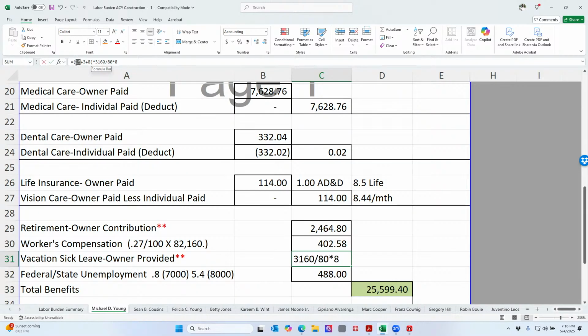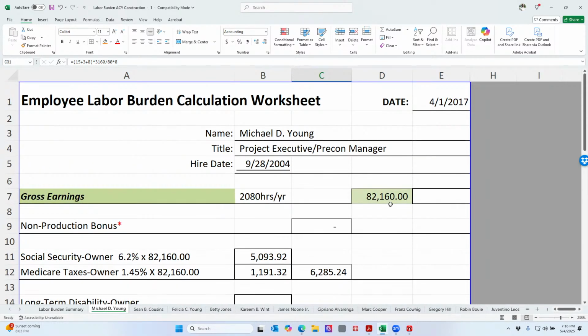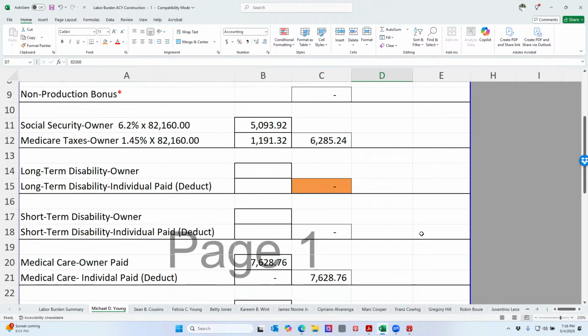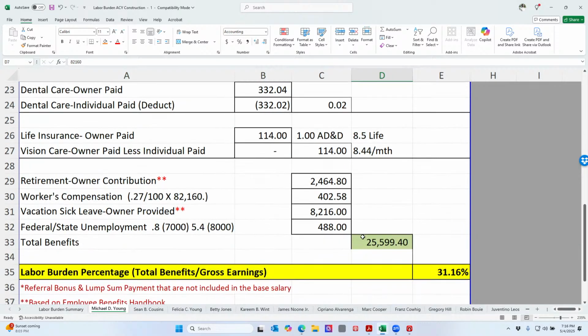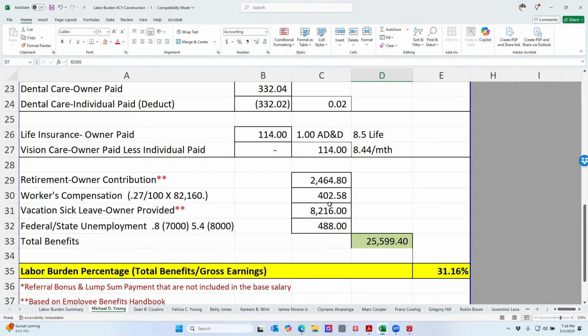Because I had been with the company so long, it was in our manual: 3 weeks vacation paid, 3 days sick, 8 days holidays. You have to include the holidays if you're paying for them. What does that equal? That was $8,000. If you're just factoring the base rate, you're missing all of this money that you're actually paying.